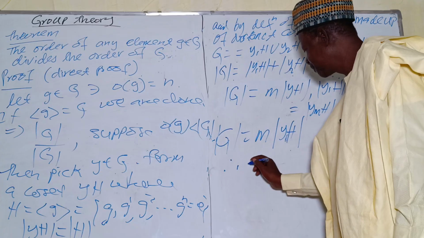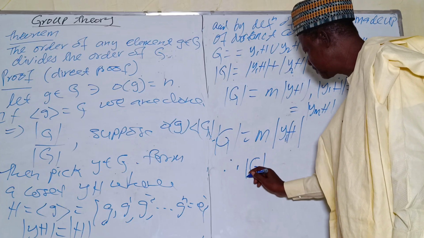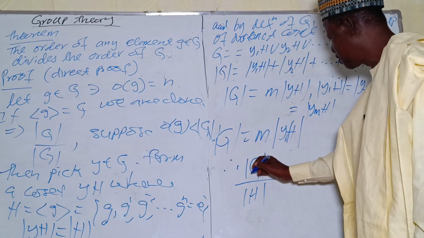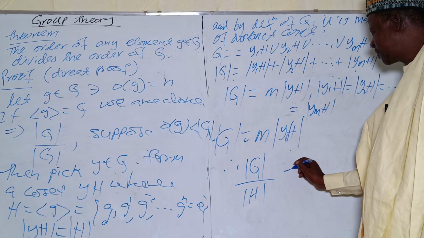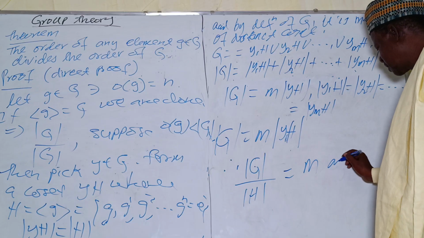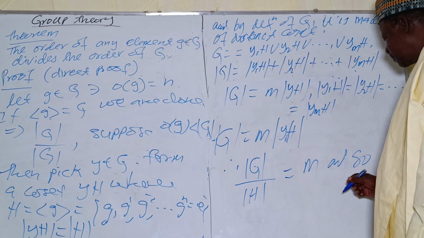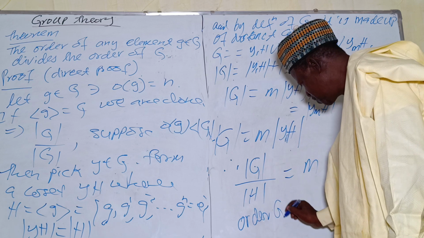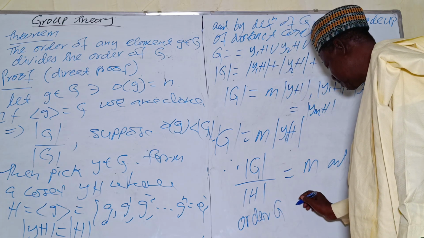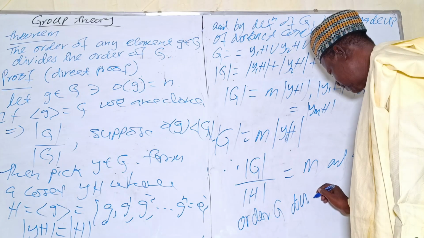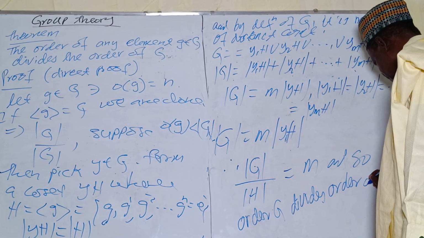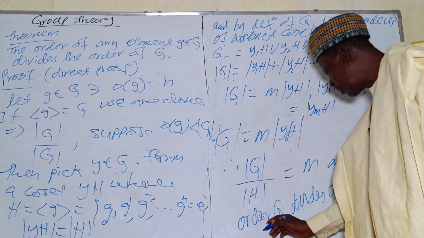Therefore, the order of G by the order of H is simply m. And so the order of H actually divides the order of G. But what is our H?